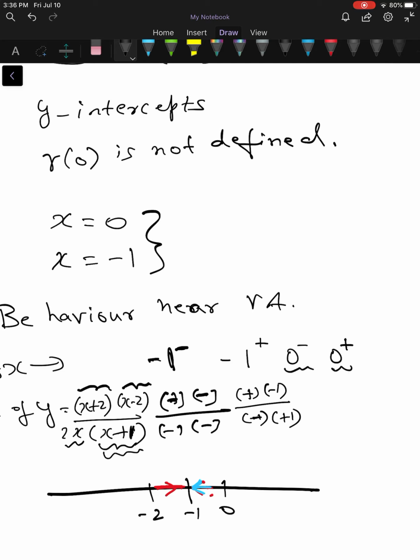And what happens to 0 minus and 0 plus? 0 minus, in the sense I consider values tending towards 0 from the left, so that would give me plus and minus, and minus. You can choose any test value and check whether the signs that I am writing are right or wrong. And 0 plus will be plus, minus, and the denominator will have plus and plus.